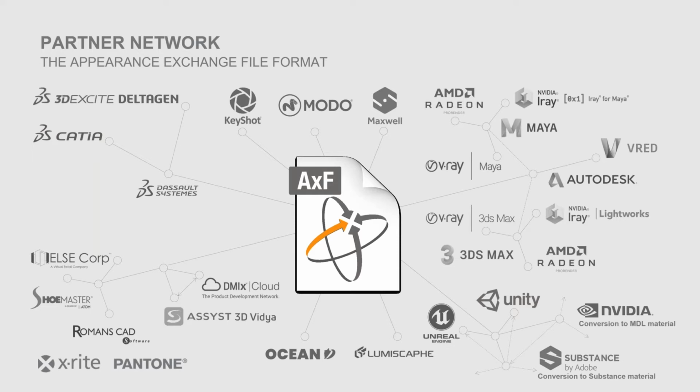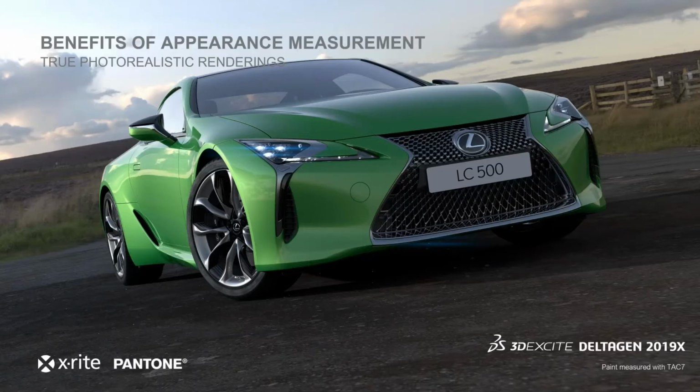So we're very excited about our partners and their adoption of our file format. So here are some renderings that were done in 3D X-Rite DeltaGen, so Dassault Systems software. These were done for us by the folks over at Dassault. So just to take a look at a few.